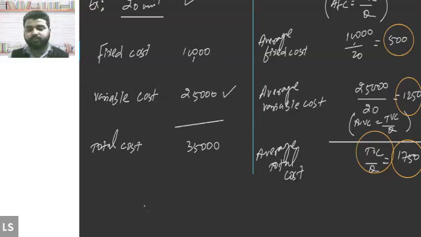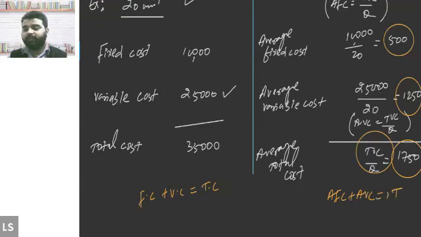So just like fixed cost plus variable cost equals total cost, similarly AFC plus AVC is also equal to ATC. Is this clear, Alexander? Yes, sir. Okay, very good.